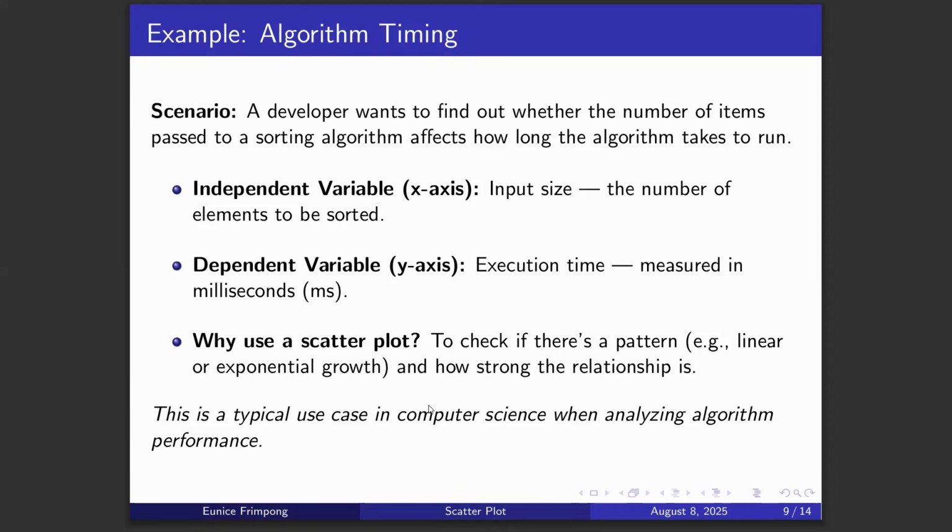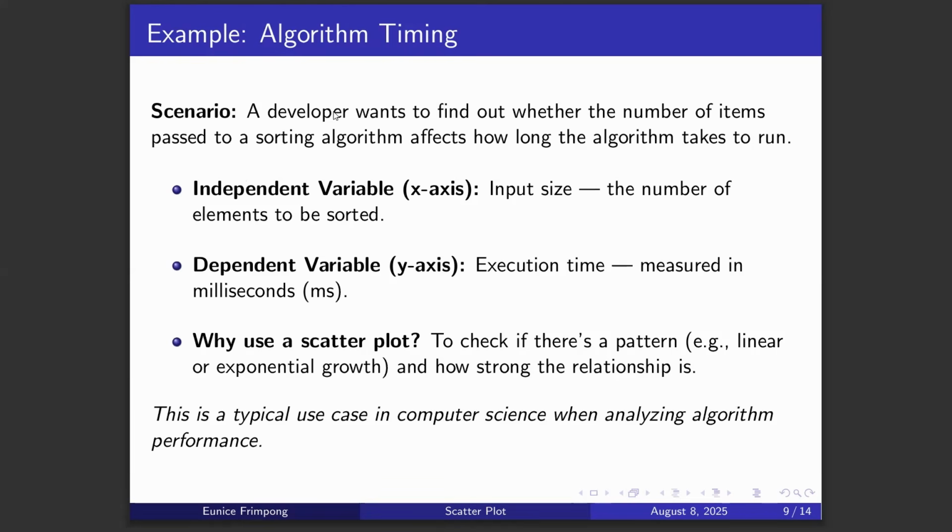Let's look at a scenario. A developer wants to find out whether the number of items passed to a sorting algorithm affects how long the algorithm takes to run. Could it be that if we put in few items, it will take a shorter time, and if we put in many items, it takes a longer time? We don't know, but we want to assess it.